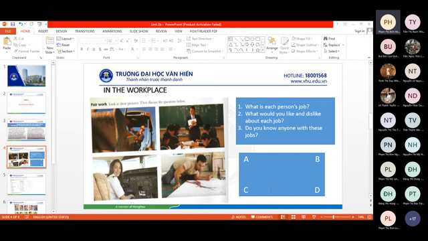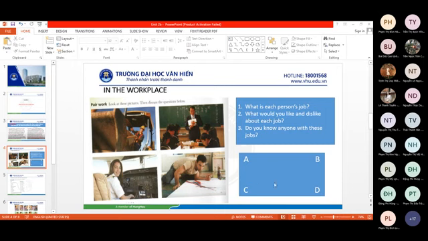Different places related to education. After all, you can say an educational institution. It could be a school, a language center, a training center, or even a university, a college, a kindergarten. All of them are educational institutions.